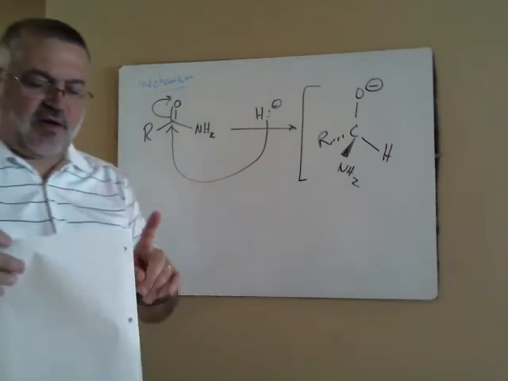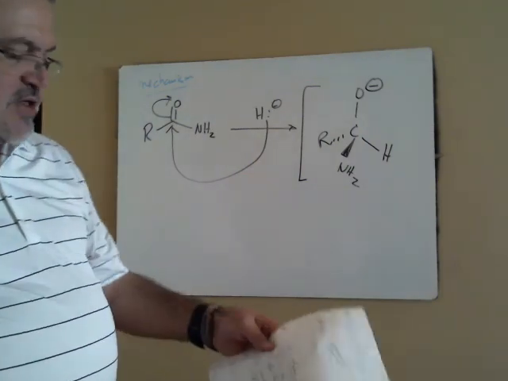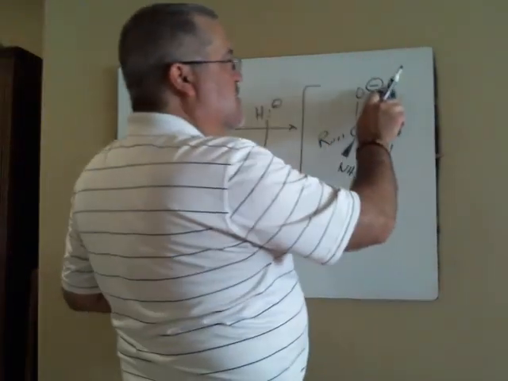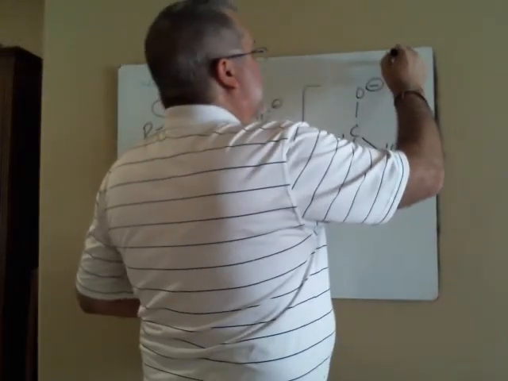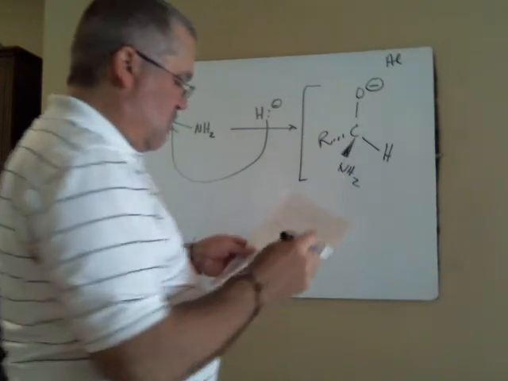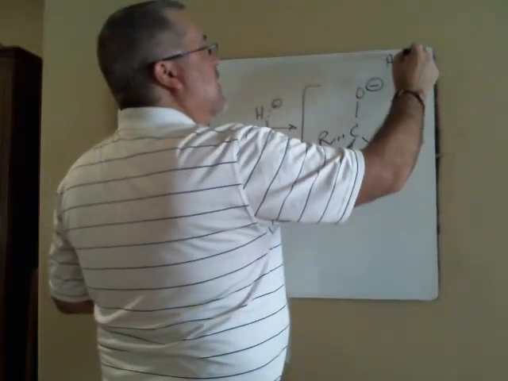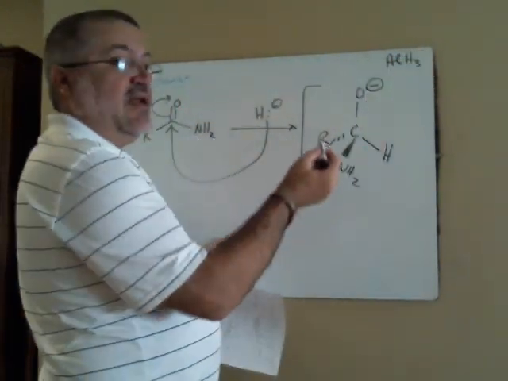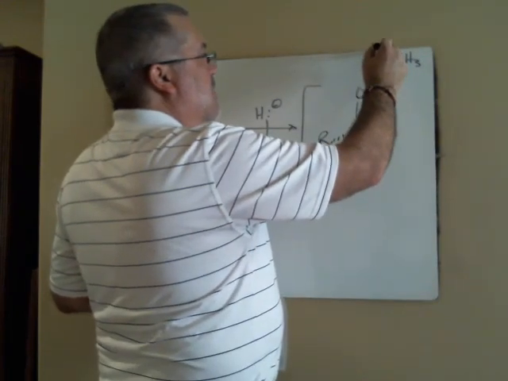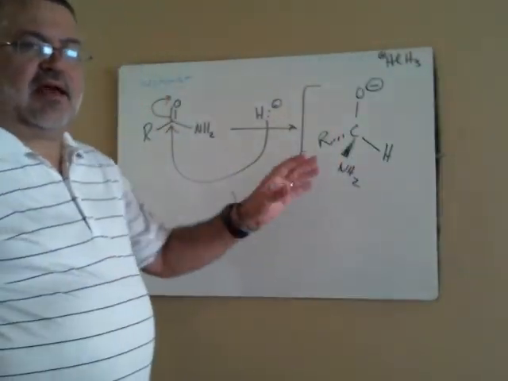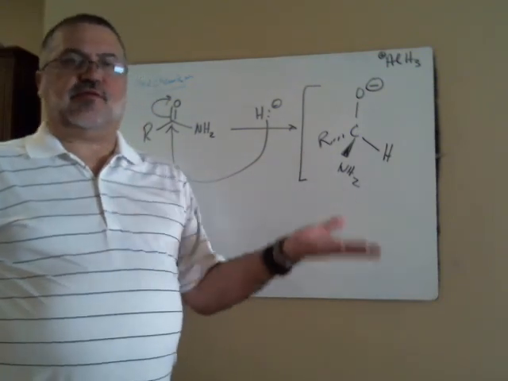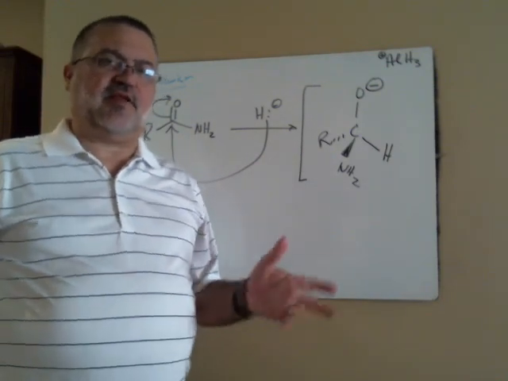Now, based on my experience, the best way of showing this is, I mean, you can show it as the O minus, but there's the aluminum from the reagent, LAH, that's sitting out here with a plus charge. And so it's the counter ion to this. And this is just free information. It's not going to be tested.